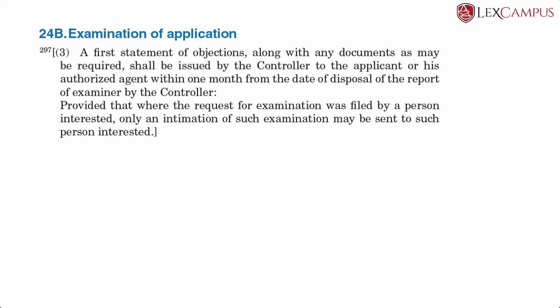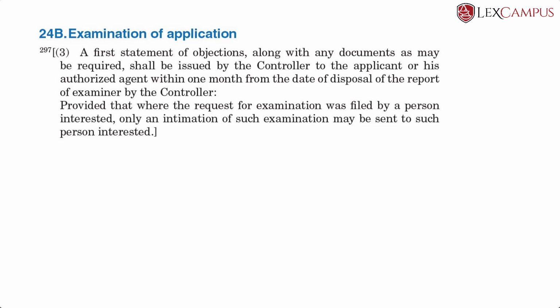The law uses two different phrases where there is inaction by the applicant. If the applicant does not make a request for examination, the law treats the application as withdrawn by the applicant.